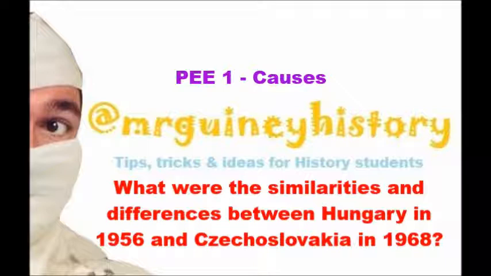Now, in supporting this with evidence, we've obviously argued in the first half of our essay that one of the causes could be said to be quite similar in that they were both a reaction against Soviet rule. But there are differences in the causes. Hungary had wanted to pull out of the Warsaw Pact entirely, and this risked the breakup of the Soviet Union.